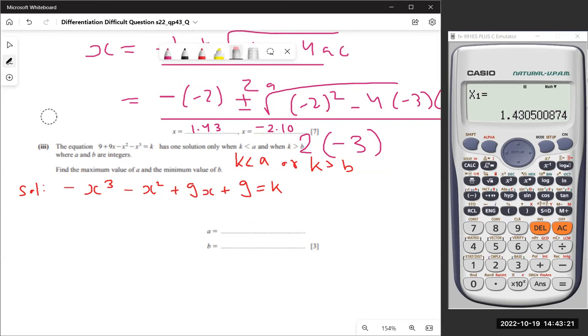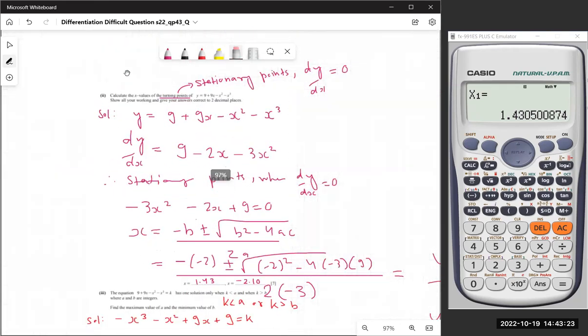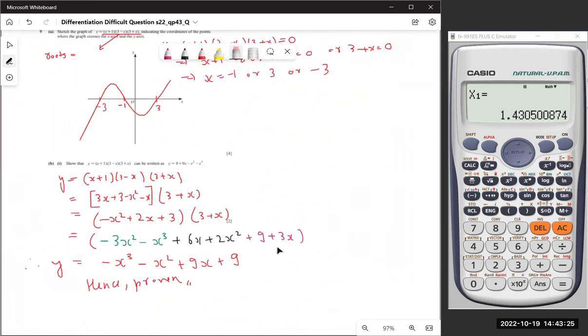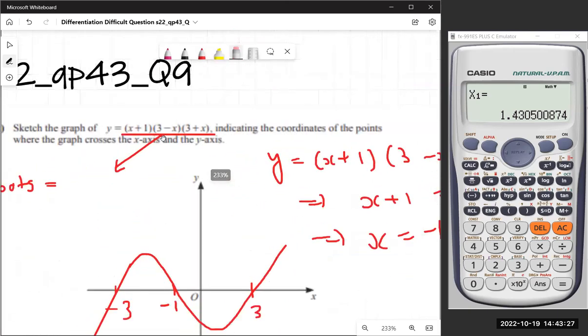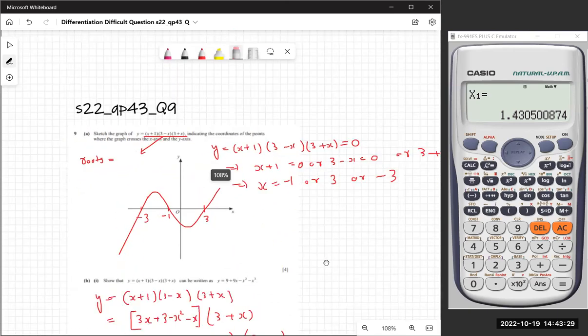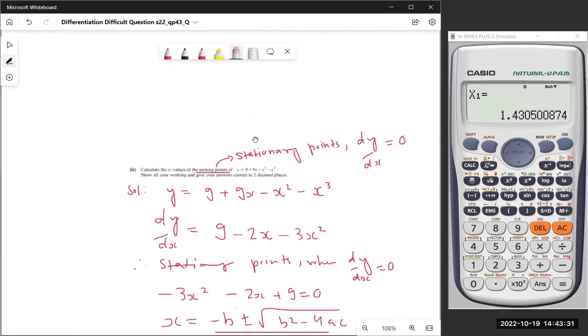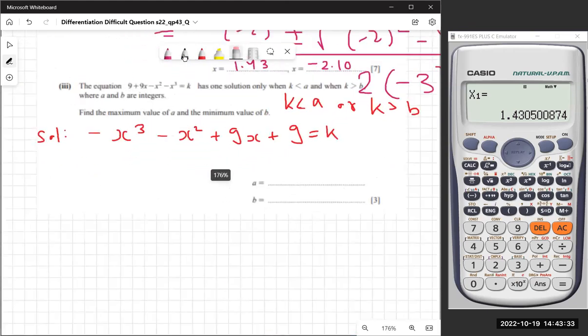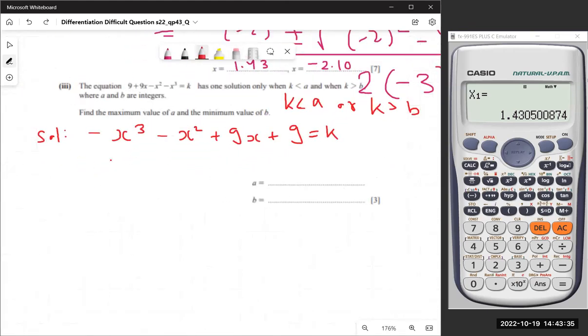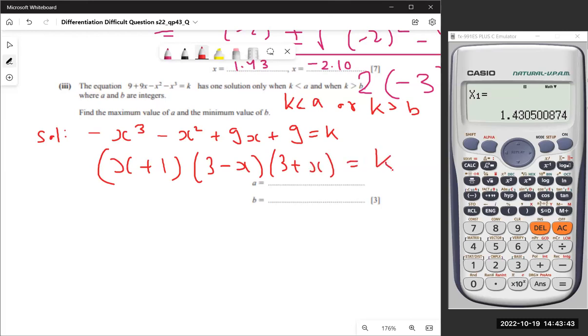Let's look at the factorized format. Factorized format is given in the first question, I think. x plus 1, 3 minus x, and 3 plus x equals to k.